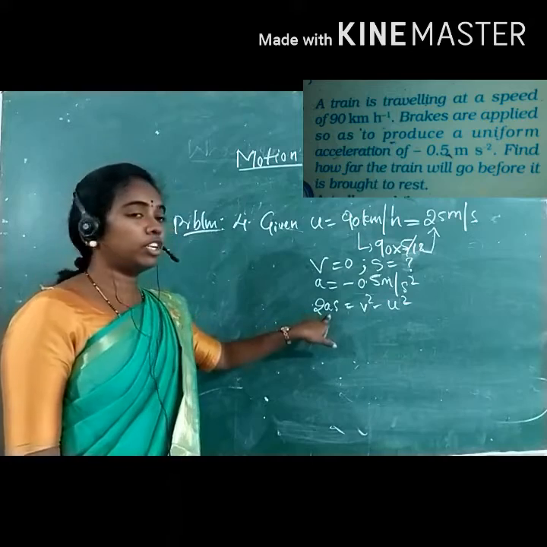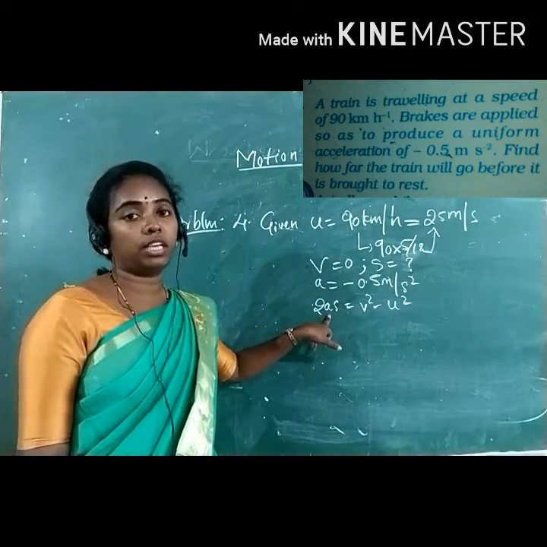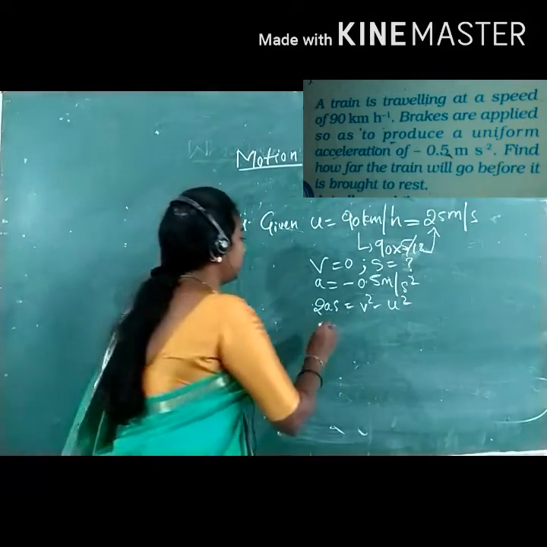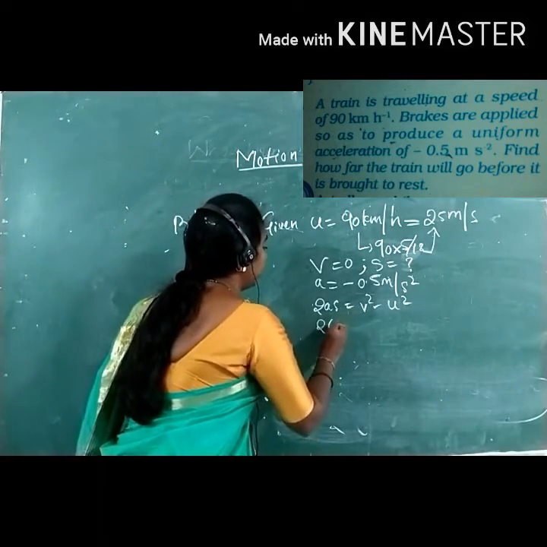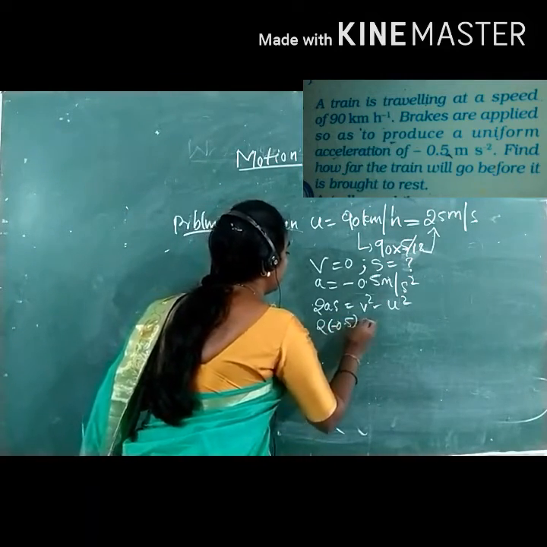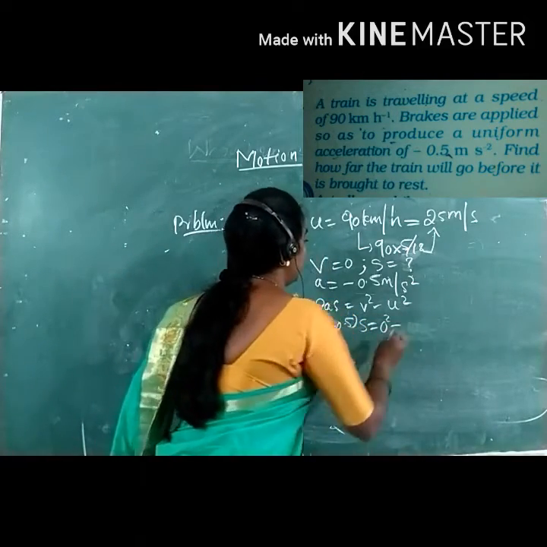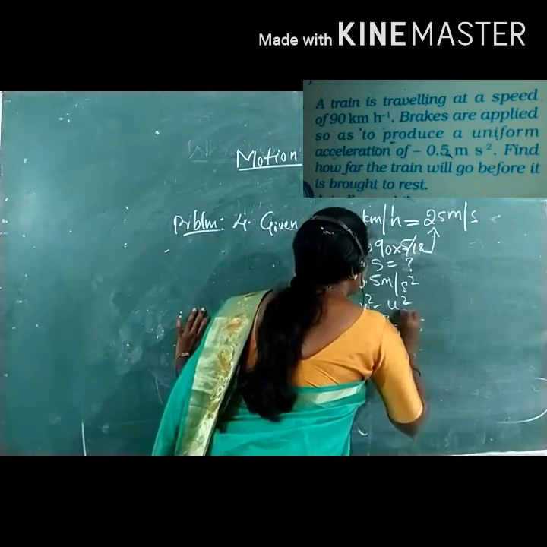From the third equation, that is the position-velocity relation, 2AS is equal to V square minus U square. Substituting the values, 2 into minus 0.5 into S is equal to V square, that is 0 square, minus U square, 25 square.